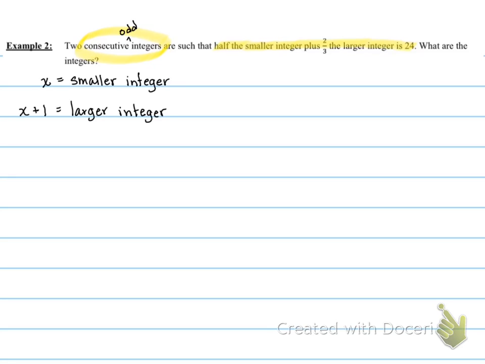Which is a little tricky because 2 is not an odd number, but that's okay. Our numbers can differ by 2 and be odd, right? 3, 5, 7, 9, 11. They all differ by 2 as well, which means that when I have consecutive odd integers and consecutive even integers, the setup is exactly the same. The only thing that makes them even or odd is the number they end up adding up to. But we're not there on this one, so I'll get rid of it.